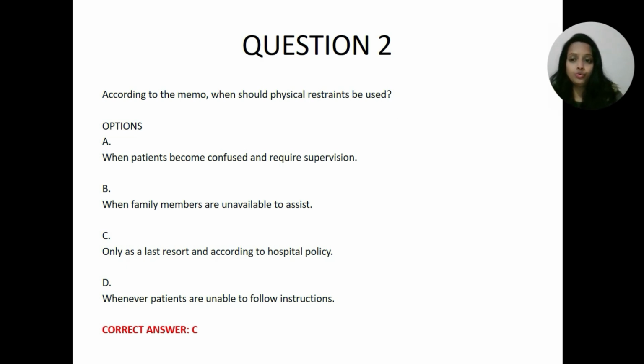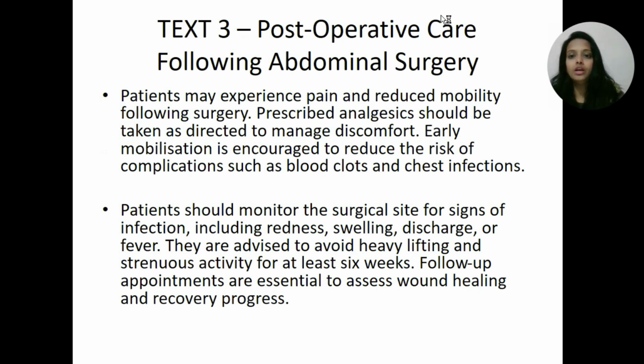Now let's move on to another text here. This one is discharge information. So, post-operative care following abdominal surgery. Patients may experience pain and reduced mobility following surgery. Prescribed analgesics should be taken as directed to manage discomfort. Early mobilization is encouraged to reduce the risk of complications such as blood clots and chest infections.